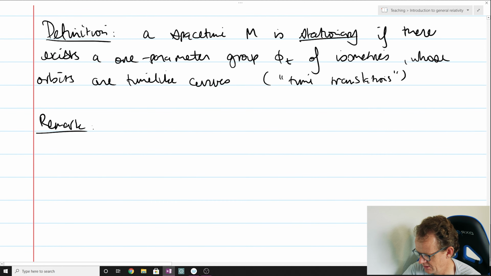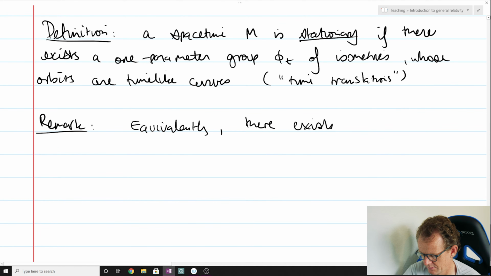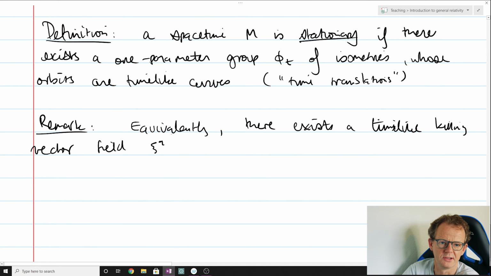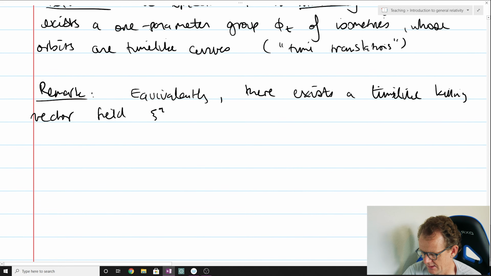There's an equivalent formulation: if there exists a time-like Killing vector field. That's a different way to say it. Now, stationary is not static.